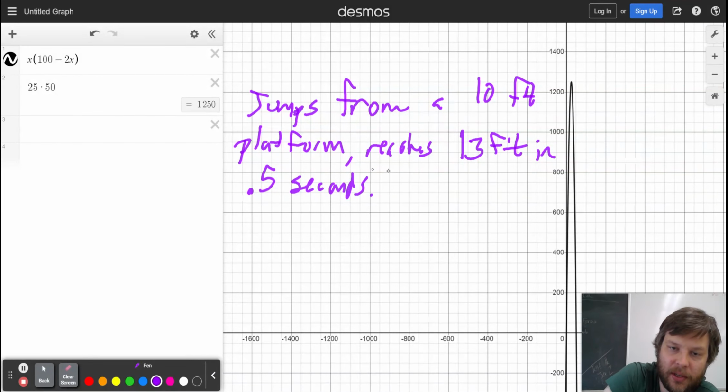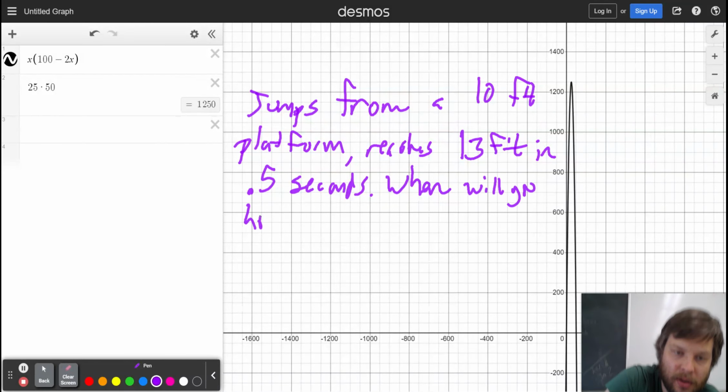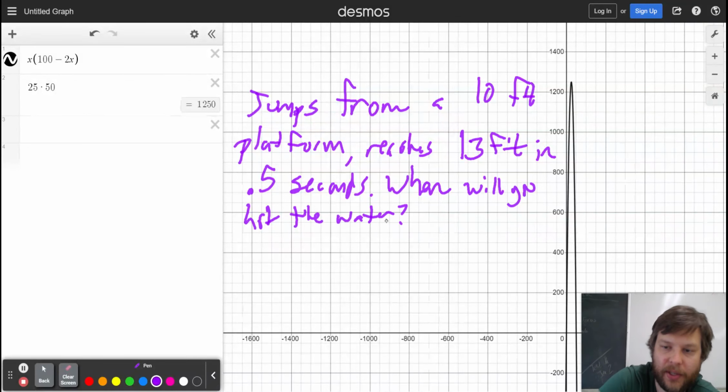The question would be something like, when will you hit the water? This is a classic sort of word problem. It jumps from a 10-foot platform, reaches 13 feet, and I'm going to make it clear that this is the maximum of 13 feet in 0.5 seconds.